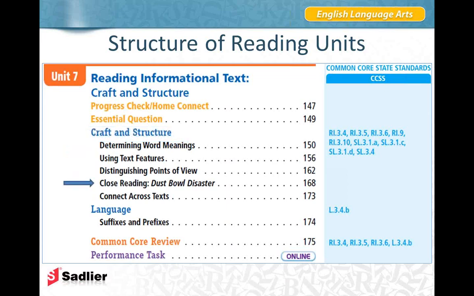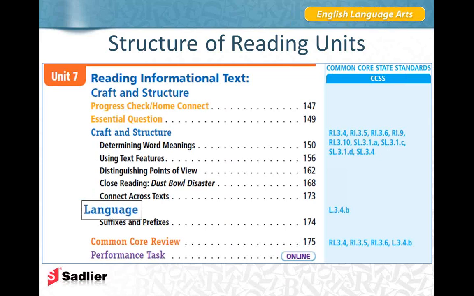They are followed by a close reading, a text that will incorporate all those standards and ask the students to read more closely. We also have across the text, which is a feature of looking at all of the text that they've read and using their skills to compare and contrast similar and dissimilar features.